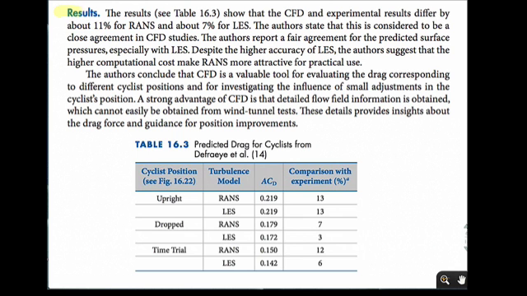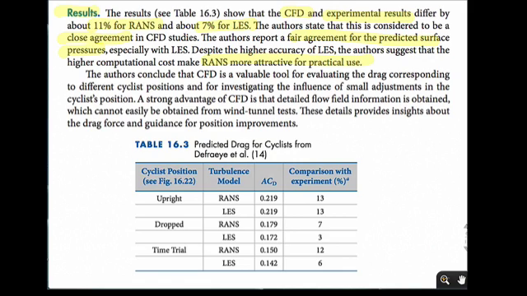My favorite part is the results section, and in this section the professionals tell us that the numerical results and the experimental results differ by about 11% and about 7% for the two numerical methods. And they state that this is close agreement. And they also tell us that they get fair agreement with the predicted surface pressures, and they suggest that RANS is the best numerical method to use.